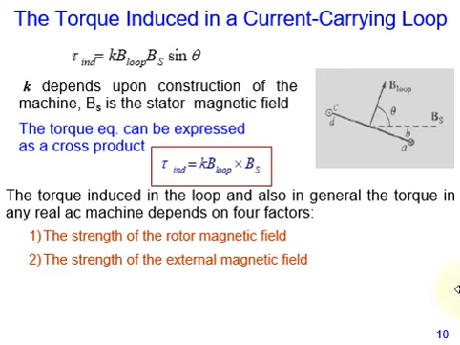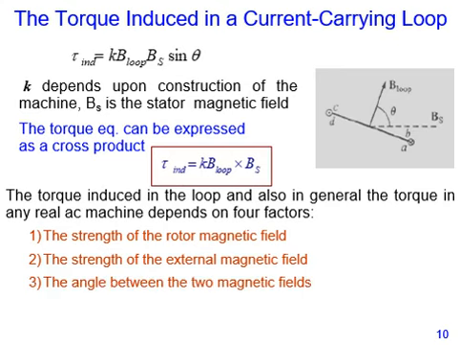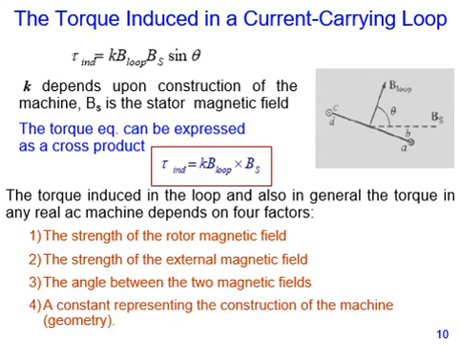In this case, one is B loop, the other is Bs. The angle between the two magnetic fields, this is theta in our case. And a constant representing the construction of the machine, which deals with geometry. In our equation, it is basically the constant K.